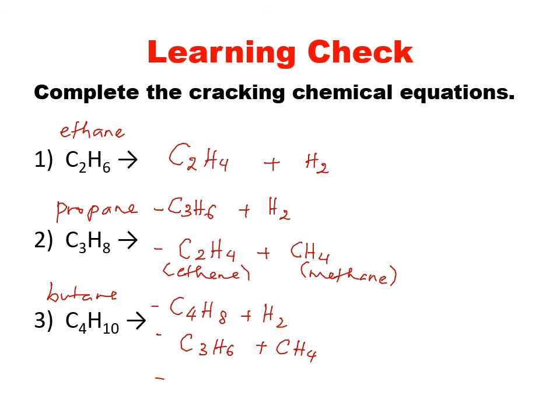Or you can also get ethene. So ethene is C2H4, and if you do the subtraction, you will get C2H6. So in this case, you will get ethene plus ethane. So bear in mind, in cracking, there will be a lot of alternatives, and you will get a lot of possible answers.